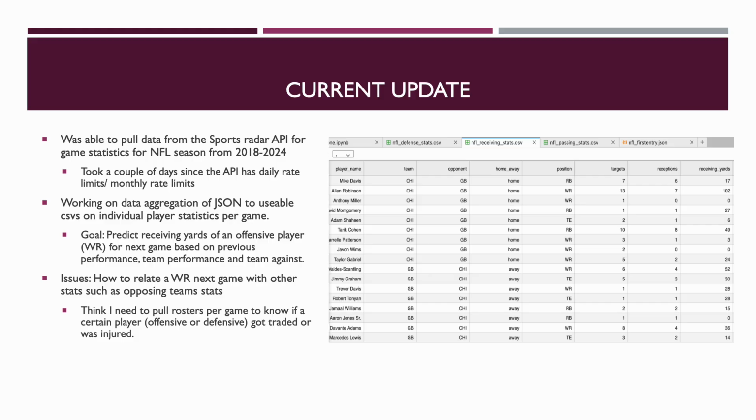So it was kind of a multi-day process of just pulling data, waiting the next day, pulling some more data. So with that, I was able to get the full season. I think it's 6, 7 seasons of data that I needed.